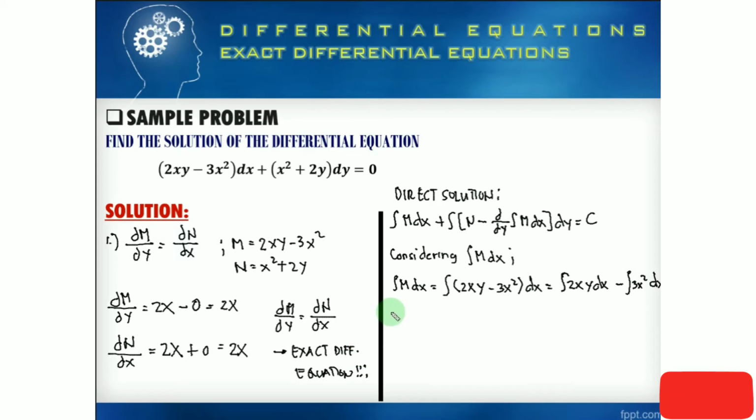So we can say that this is just equal also to, so our variable here is the x. Okay, so we extract the 2 and y. So we have here 2y integral of x dx, and then minus, we extract the 3 now outside the integral, so this is x squared dx.